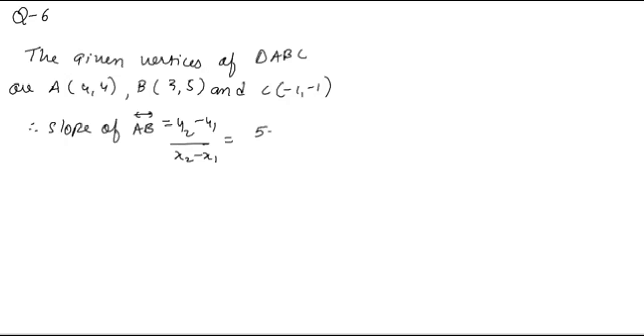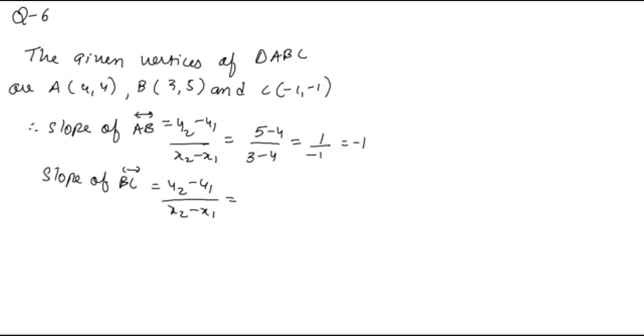So (5 minus 4) upon (3 minus 4), this is my x1, y1 and this is my x2, y2. So 1 upon -1. Now I will find the slope of BC. The formula will be the same, but the coordinates will change. Here y2 is -1 minus 5 and x2 minus x1 is -1 minus 3. So this will be -6 by -4, which is 3 by 2.